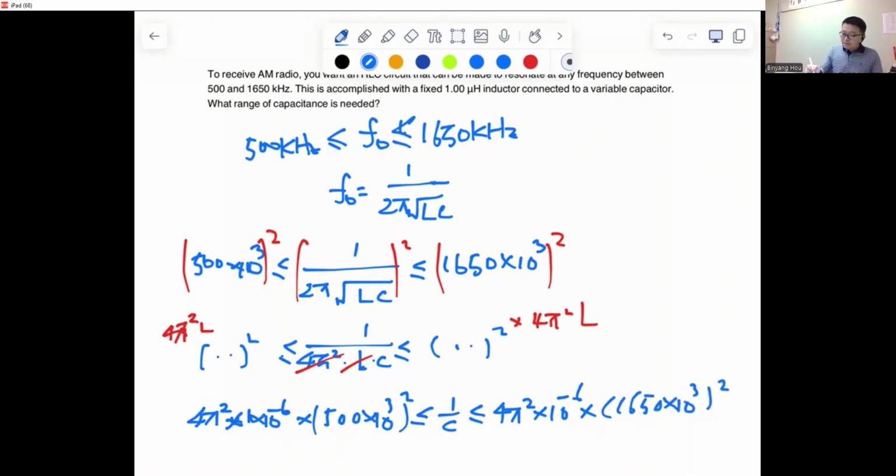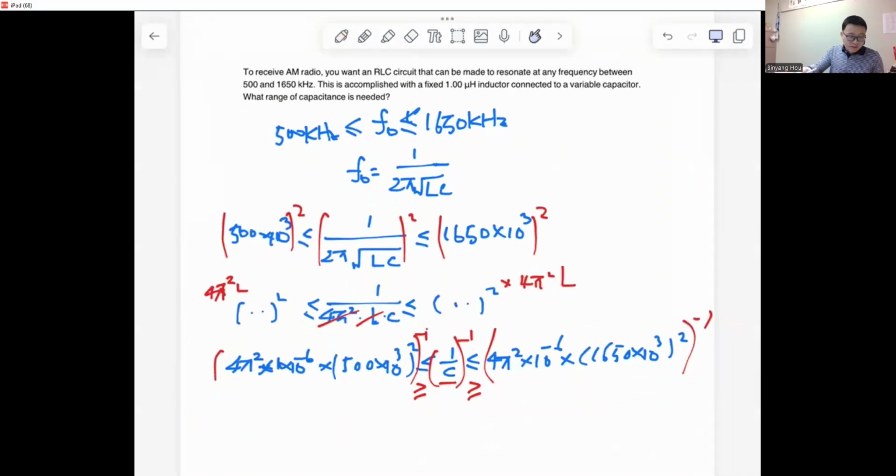Now we want to find C, so we will take the inverse of everything. However, when you do the inverse, the inequality signs actually do change, so the two signs will be flipped. Now you can plug everything into your calculator.